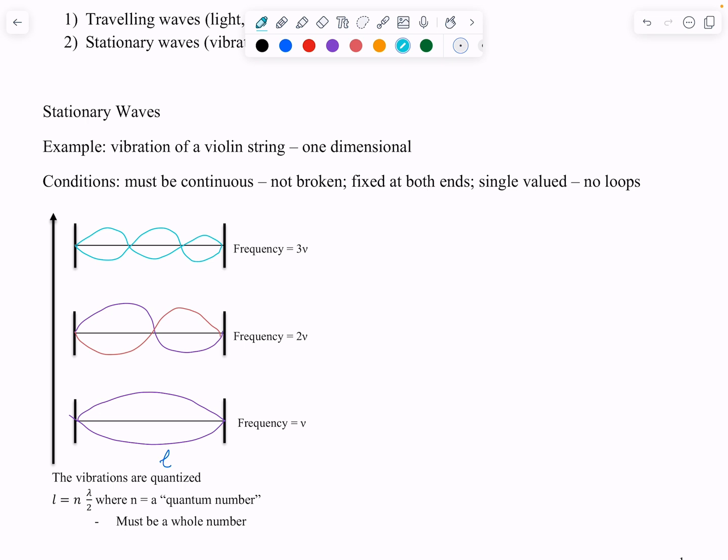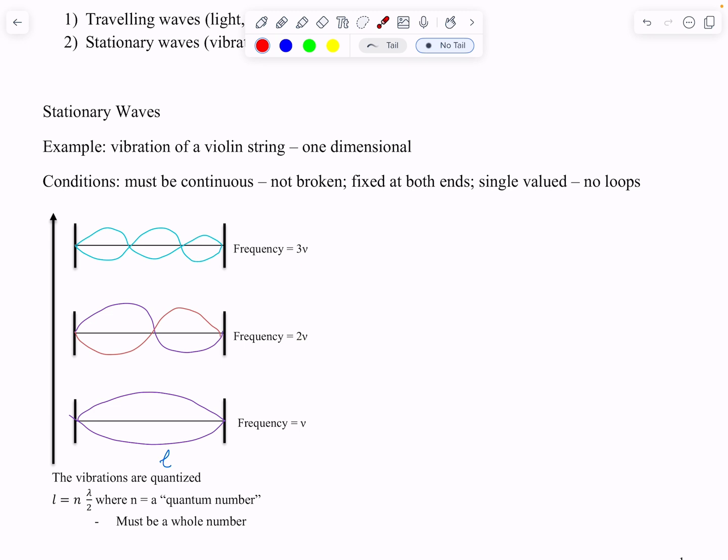Because these are one-dimensional, they have one quantum number. When there's two dimensions, you have two quantum numbers. If it's three-dimensional, you have three quantum numbers. And so the frequency is one times the frequency, two times the frequency, three times the frequency.